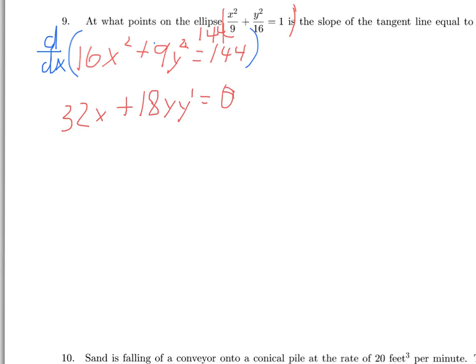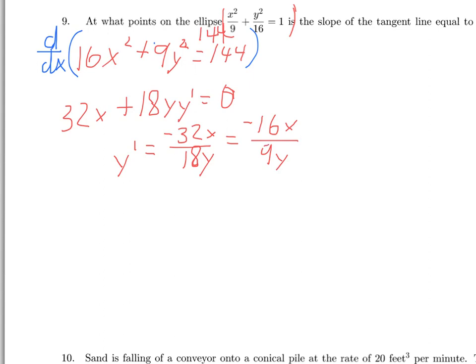Solving for y prime, we get y prime is equal to negative 32x over 18y, which simplifies into negative 16x over 9y.